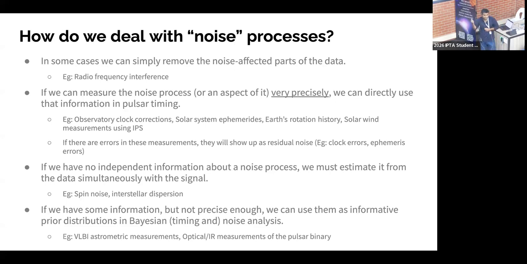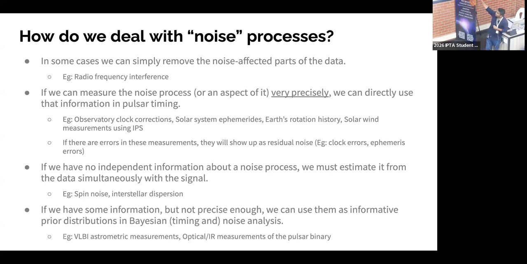Many sources of radio frequency interference, for example those caused by satellites or mobile phones, exist in certain definite radio frequency bands. And if we know what to look for, we can just cut out that part, and so we can get rid of it even before calculating any TOAs. So we are good with that.